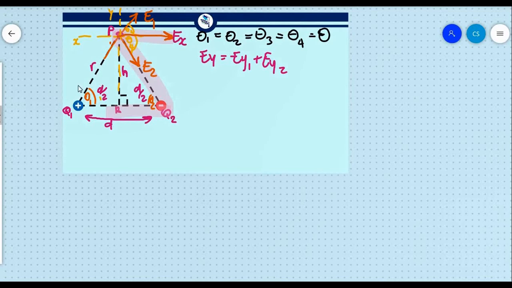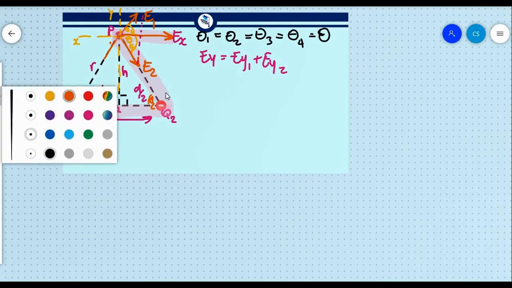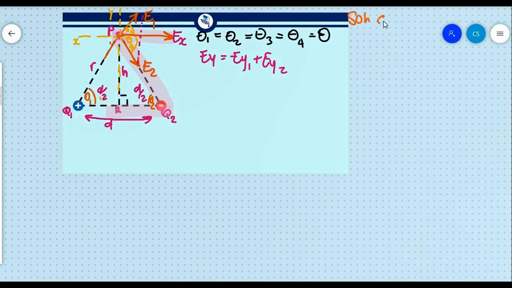Alright, and it is indeed the vertical component of both of these, okay? So the angles are here, and this is where we'll introduce SOHCAHTOA. Alright, we're trying to find the opposite side, so we'll use sine theta is equal to the opposite side, which we'll call y1 for now, over the hypotenuse, which would be E1 or EY1. Okay?